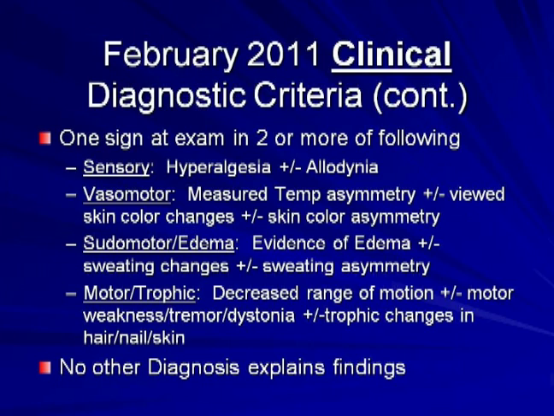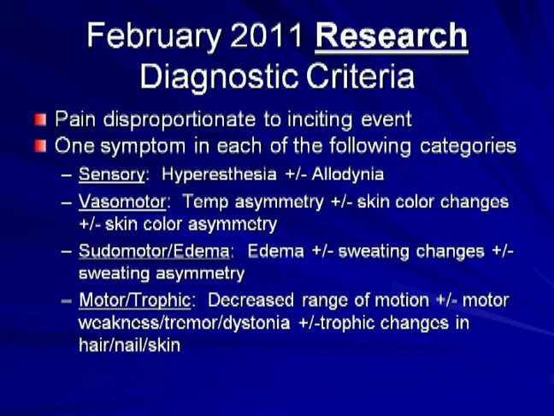The difference, if you look at it, is that in the clinical criteria, one symptom in 3 or 4 of the following categories must be present: sensory, vasomotor, sudomotor/edema, and motor/trophic. You have to have 3 out of 4 of these findings for clinical diagnosis, and in research you have to have all of them.